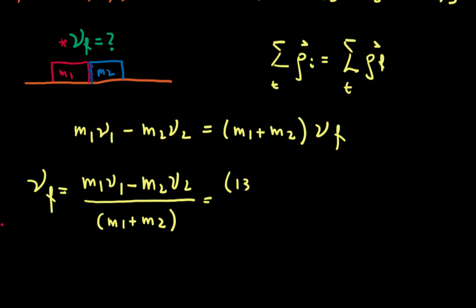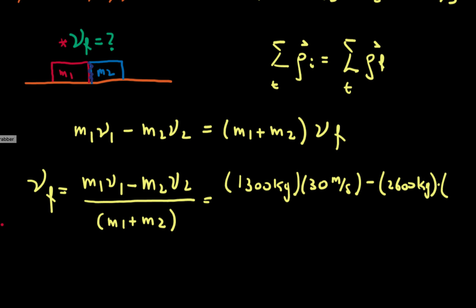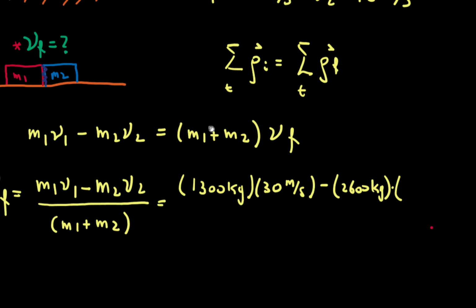This is 1,300 kilograms multiplied by 30 meters per second, minus 2,600 kilograms multiplied by 15 meters per second.